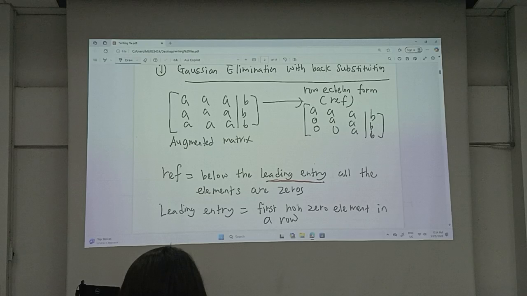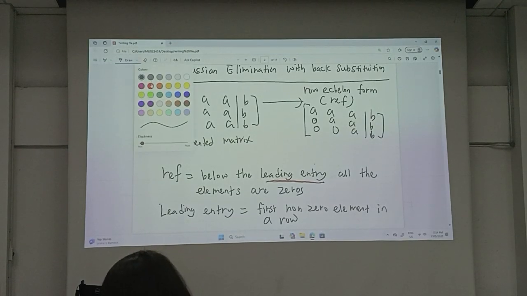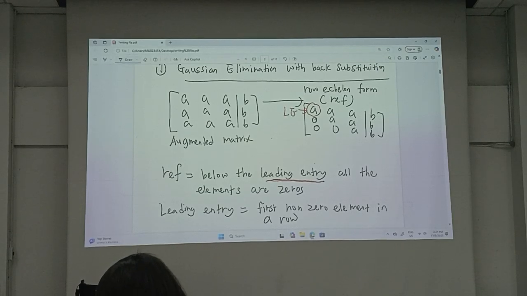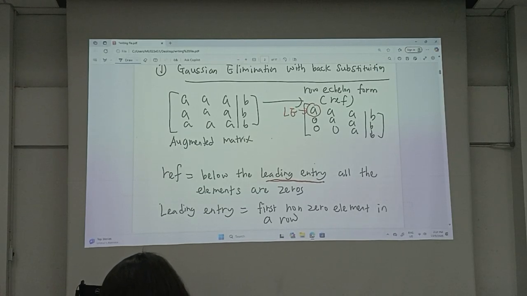The first non-zero element. For example, this is the first row, right? The first non-zero is this one. So this is a leading entry.